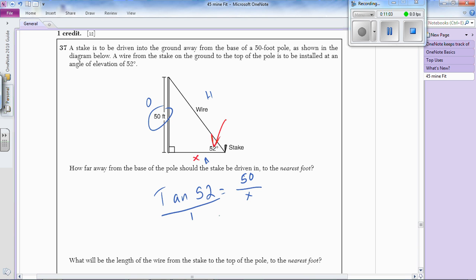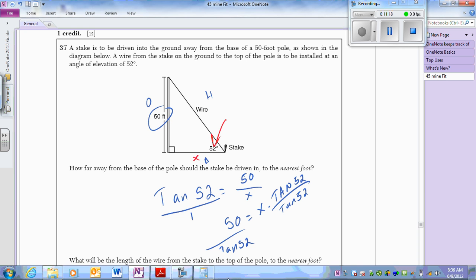I got to cross multiply. So I get 50 equals x times tan 52. Divide by tan 52. Now you would type this directly in your calculator.